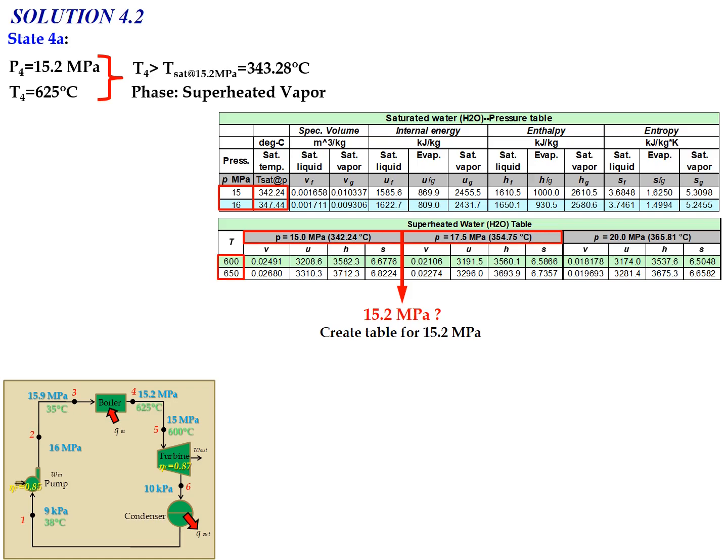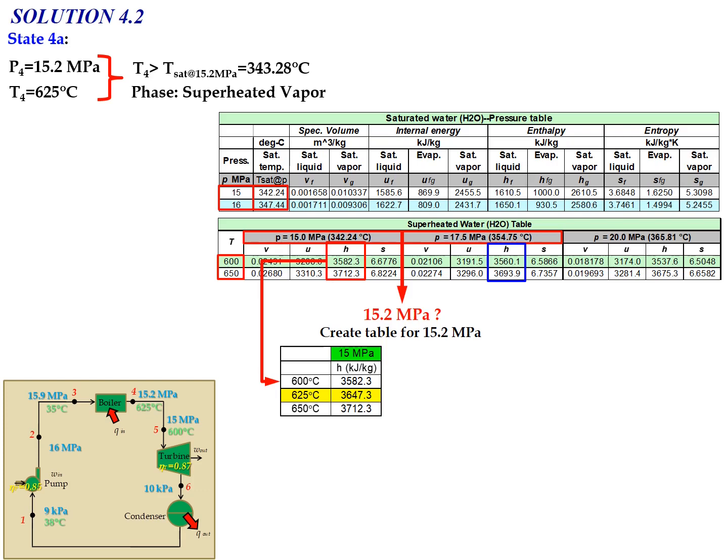Because T4 equals 625 degrees Celsius, we refer to the temperatures in the table at 600 degrees Celsius and 650 degrees Celsius. We extract the enthalpy at 15 megapascal and the enthalpy at 17.5 megapascal. Extracting the data, we obtain the table for 15 megapascal in terms of enthalpy and temperature.